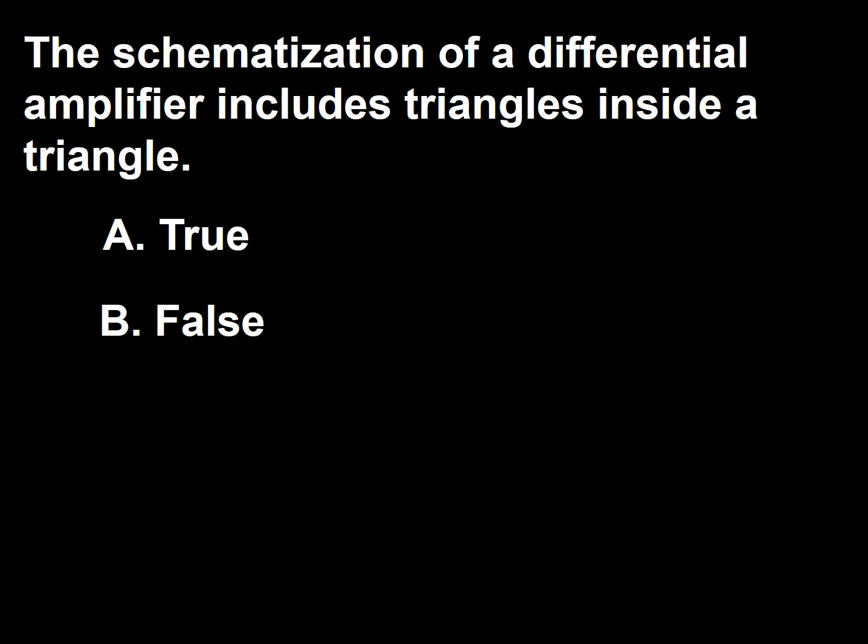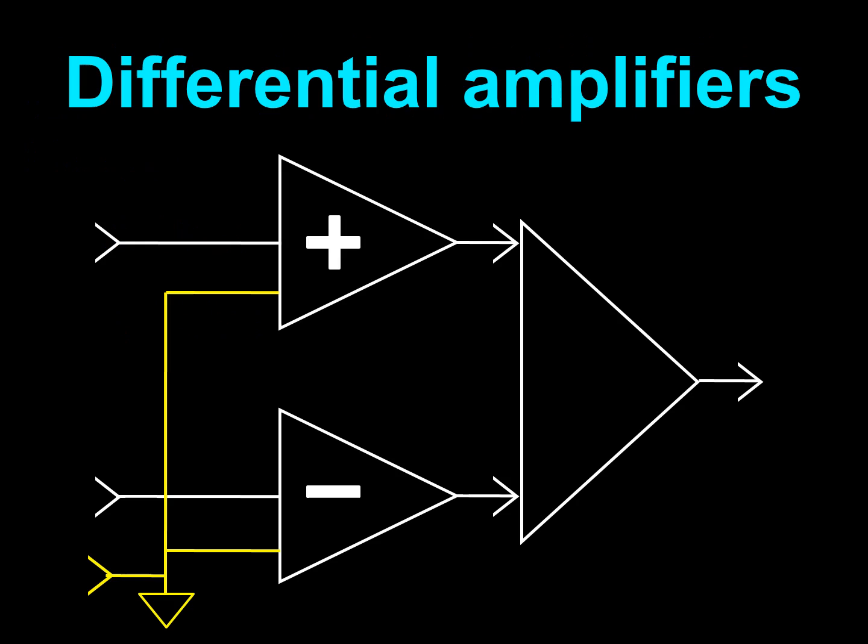Next question. The schematization of a differential amplifier includes triangles inside a triangle. A true, B false. So this frame represents the basis for the schematization of the differential amplifiers.